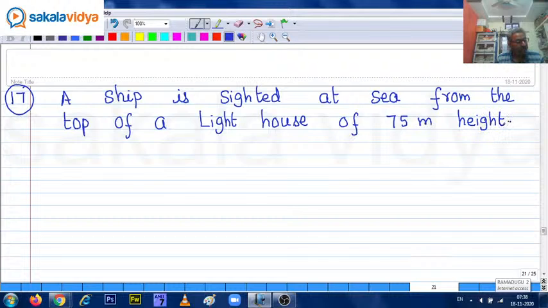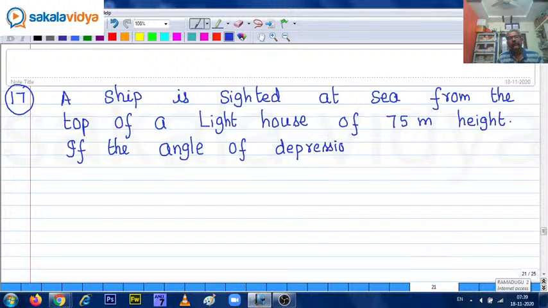If the angle of depression, not elevation, is found to be 30 degrees.